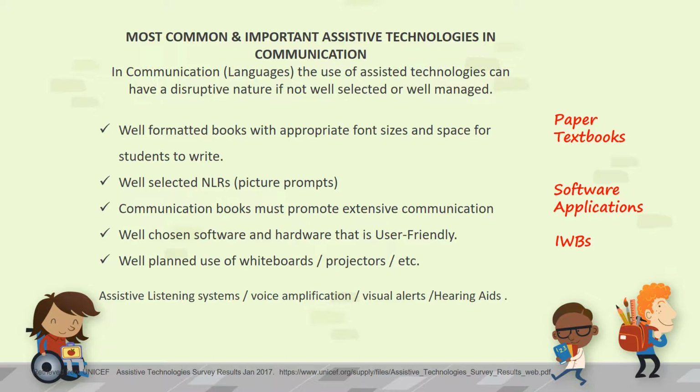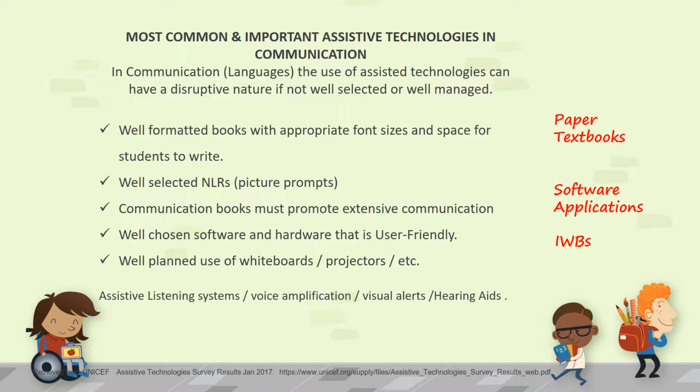For example, paper textbooks need to be well formatted with appropriate font sizes and space for students to write, so the students know that the answer they're giving should fit into the correct place. We need to have well-selected non-linguistic representations, picture prompts. Textbooks are full of picture prompts, usually at the start of the lesson, but are they appropriate?